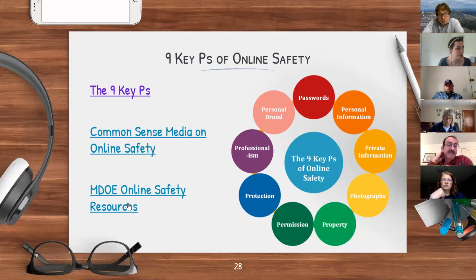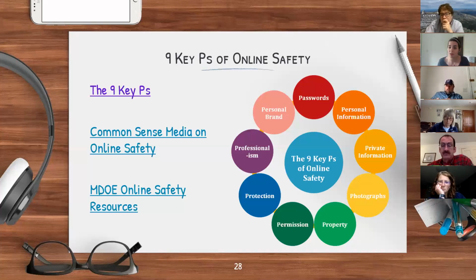And then there are 3 resources here. This one talks about these key Ps and how they relate to the classroom. Then we have Common Sense, which has a resource about internet safety, specifically talking a little bit about data on who is a target online. It can be a little bit frightening, because you'll realize that a lot of teenagers are a prime target for phishing and scams of that nature.